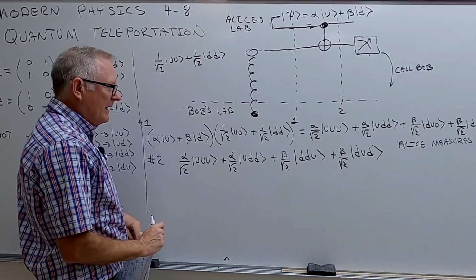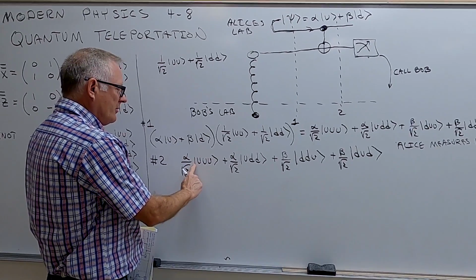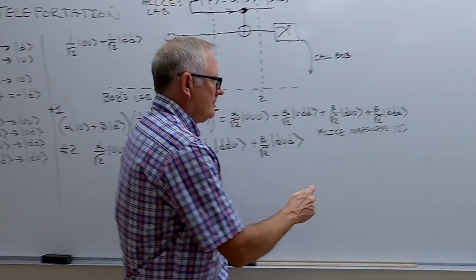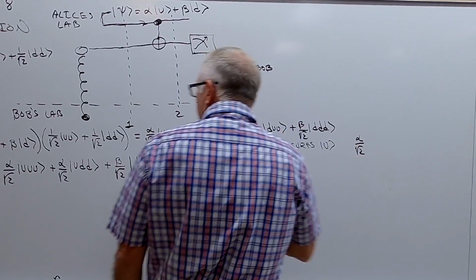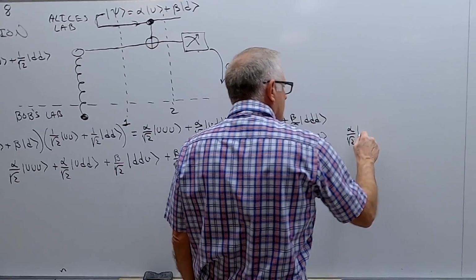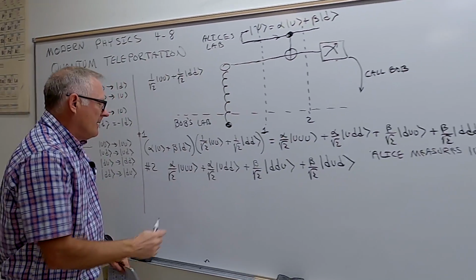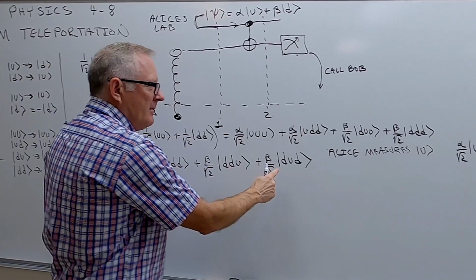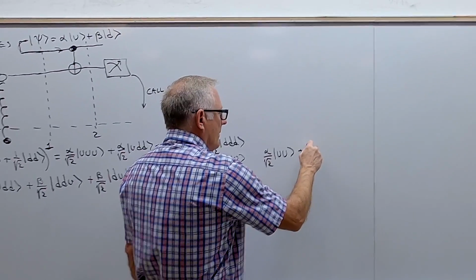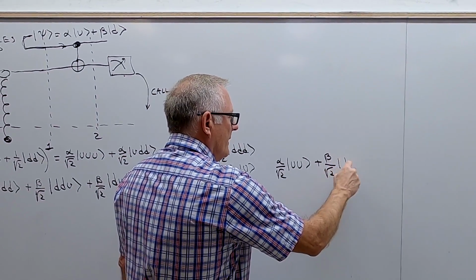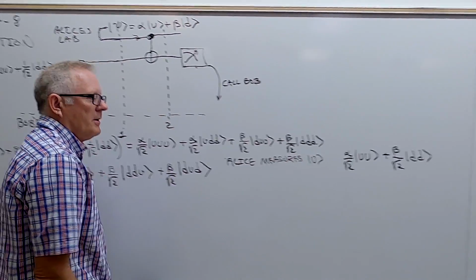We can get rid of the middle down because she measured the up. So the state would be alpha over the square root of 2, up, up, up, plus beta over the square root of 2, down, up, down. So that's what the state would be if she measured up.